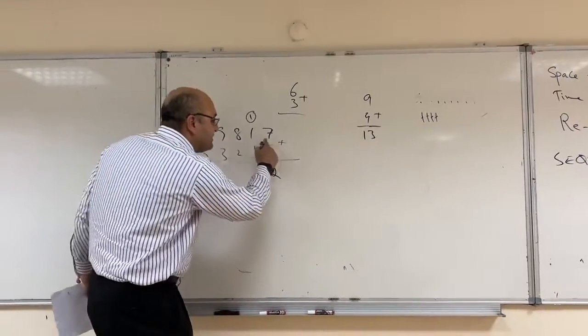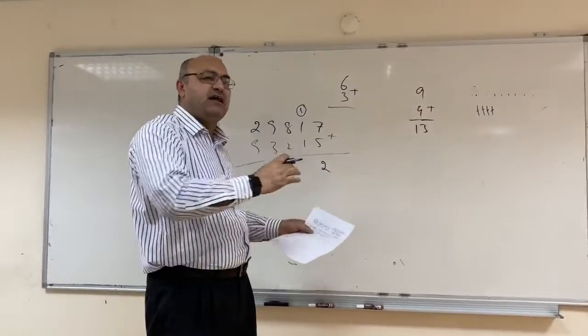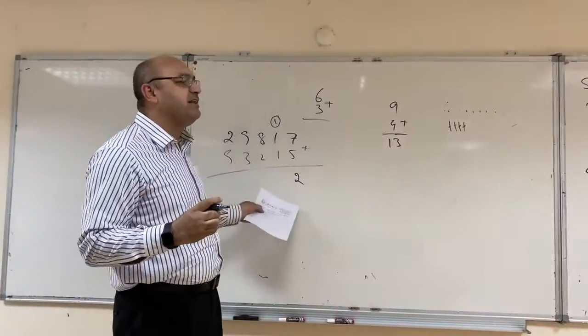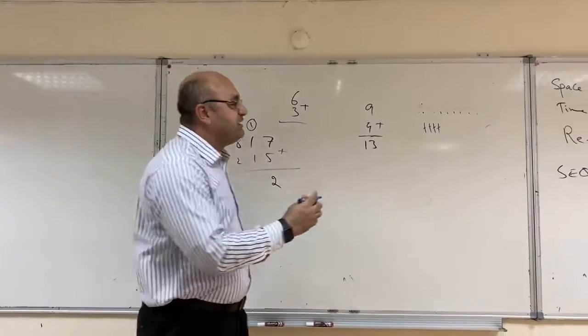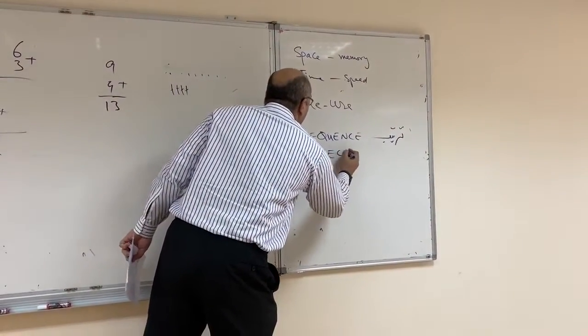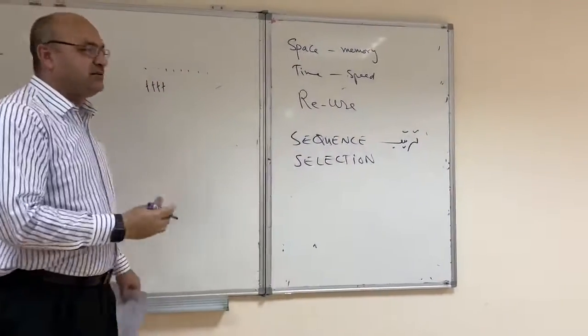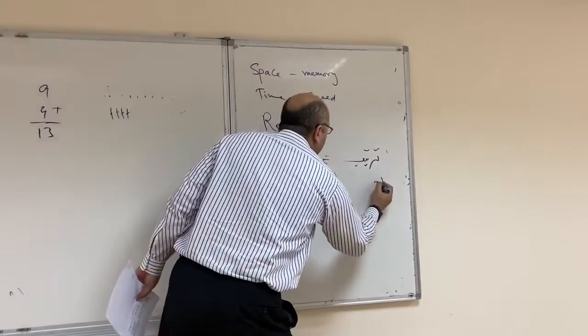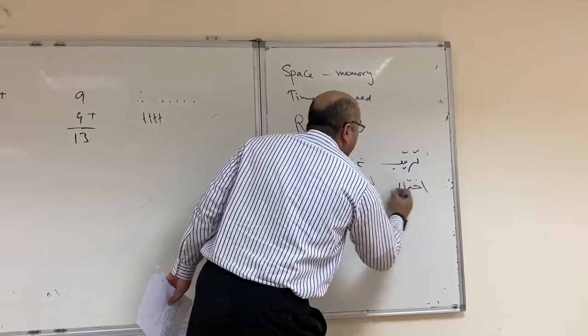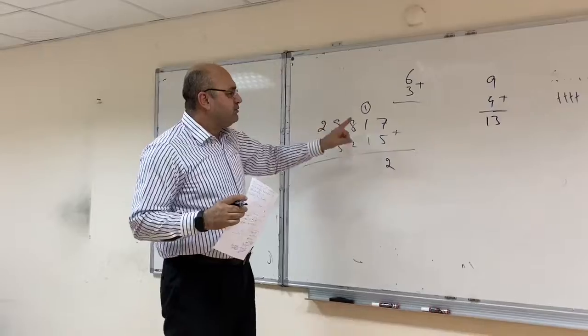So with this thing, where I have to choose between greater than 9 or not greater than 9, this gives me another concept, selection. I am selecting. Yes, I am following a sequence, but I am selecting. In Arabic, I would call it ikhtiyar. Good.